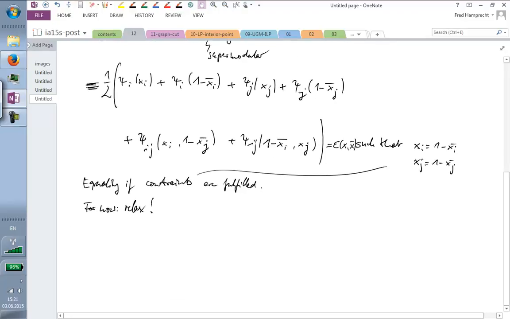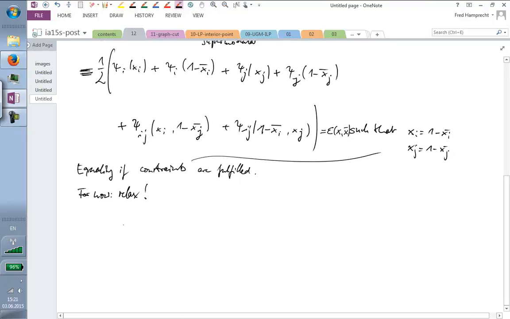I can now try and draw the graphical model here. If I'm looking at the terms, I have a random variable xi, and it has a unary term here. And then I have a pairwise term coupling this xi to xj bar.